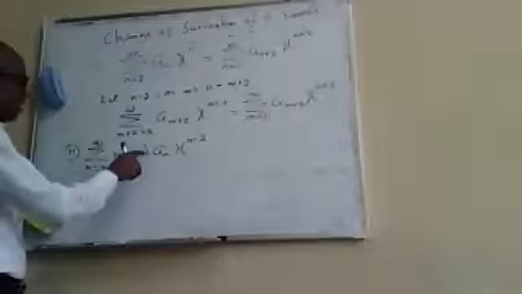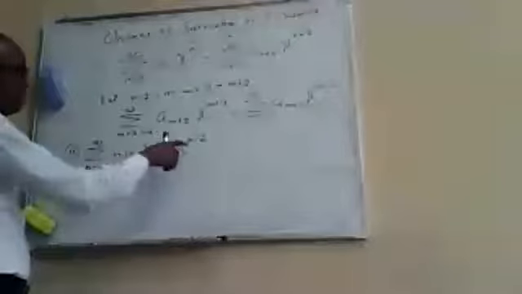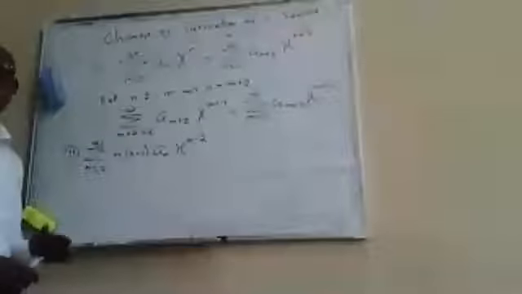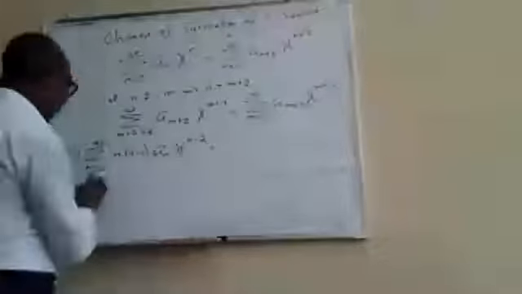If you want to change the base to 0, anywhere you see n, replace it with n plus 2. You will see that the base will change to 0.